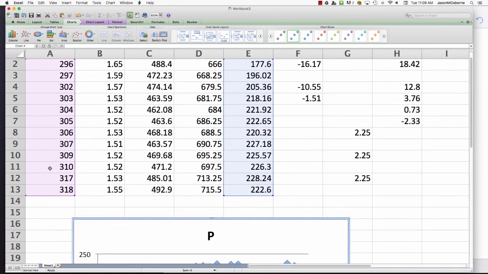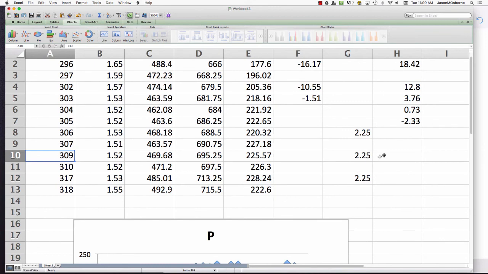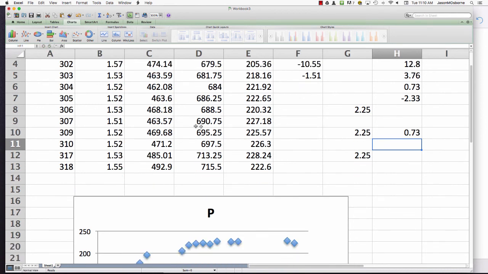Let's see if that's true. At the 309 range, okay, the marginal profit is the profit at 310 minus the profit at 309. And it looks like you go up by 73 cents for selling that 310th item.